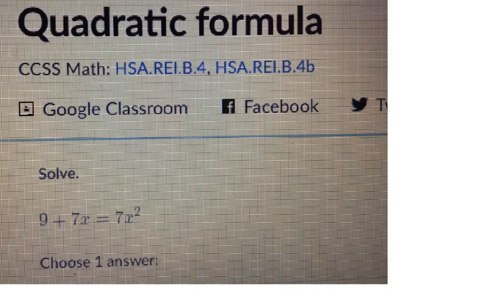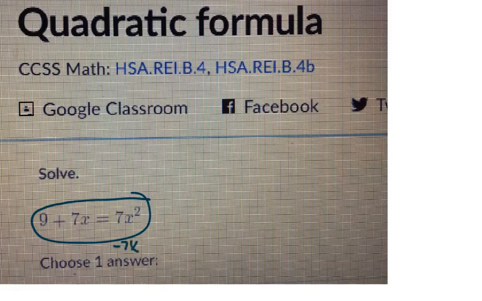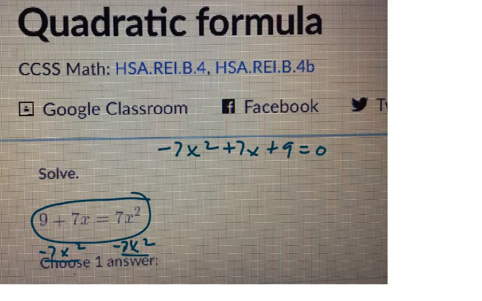But anyways, if we look at our problem that's given to us here, remember it has to equal 0. So the first thing I'm going to do is minus 7x squared from both sides. Okay, so that means I have negative 7x squared plus 7x plus 9 equal to 0.